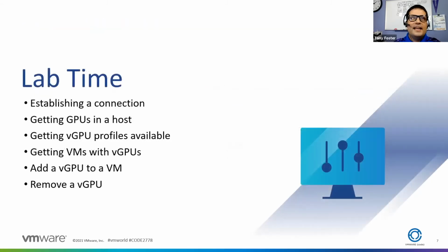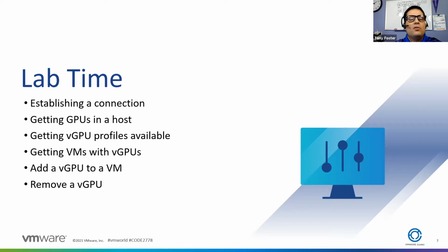So with that, it's lab time. I'm going to assume that folks may not have experience even establishing a connection with pyVmomi, so we'll start there and then go through getting the GPUs in a host, getting the vGPU profiles available from that host, getting the VMs with vGPUs, adding a vGPU to a VM, and removing a vGPU.